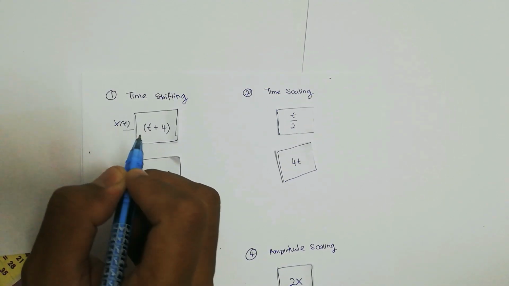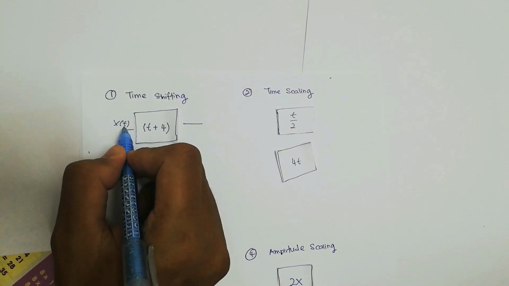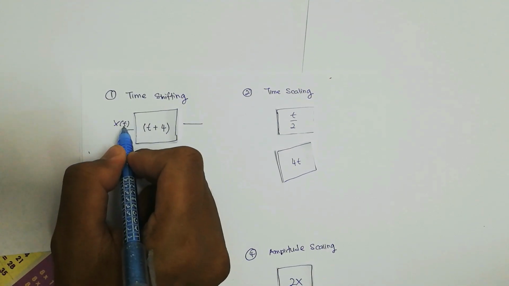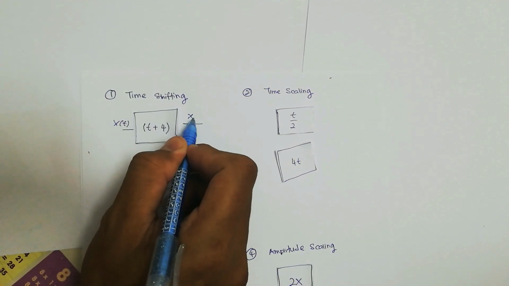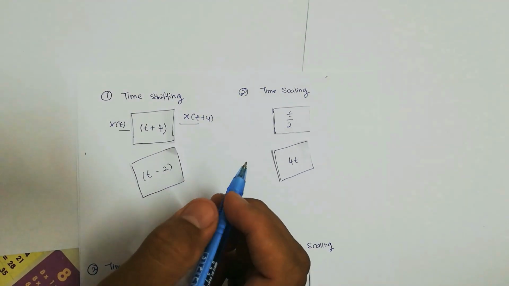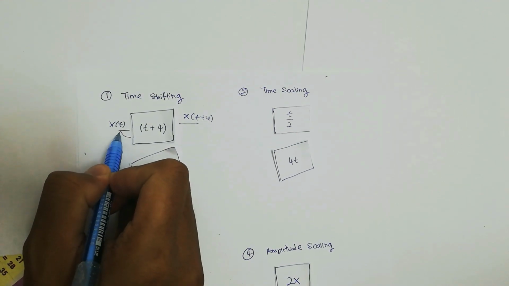So what will the output become? You need to replace t with t plus 4 in the signal, so x(t) becomes x(t plus 4). Understand? You need to replace the t here.